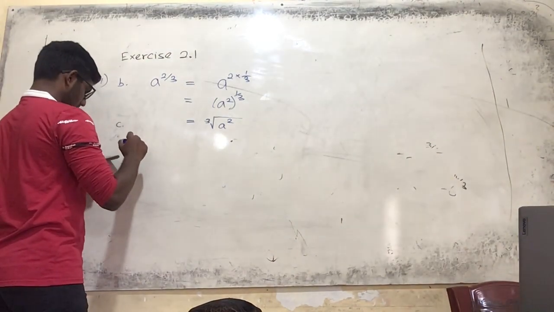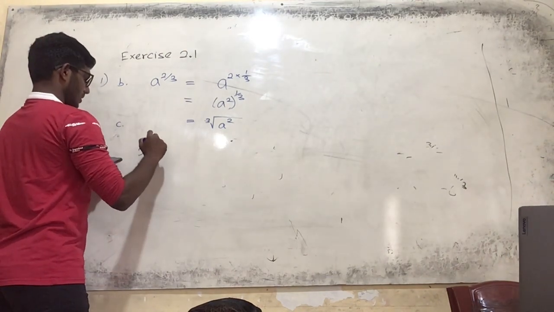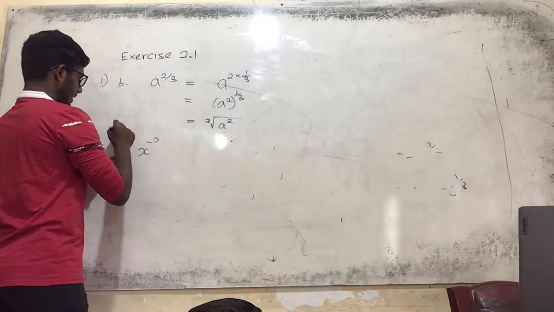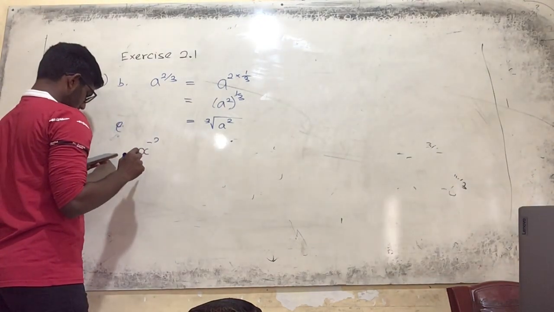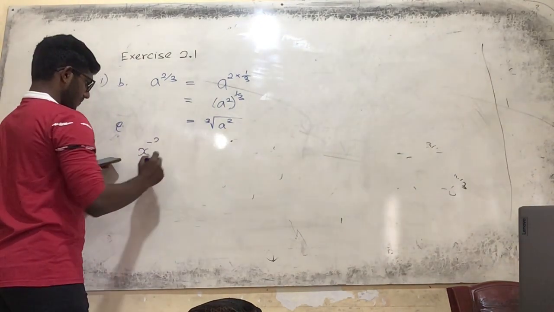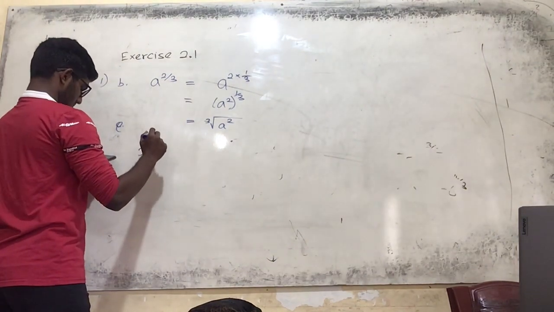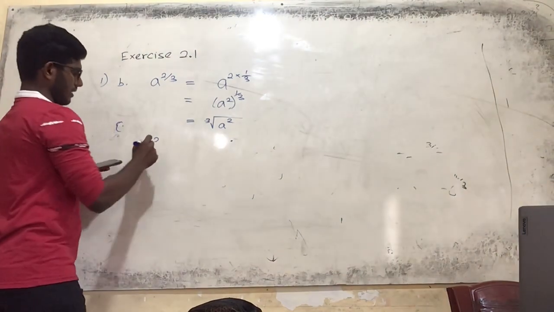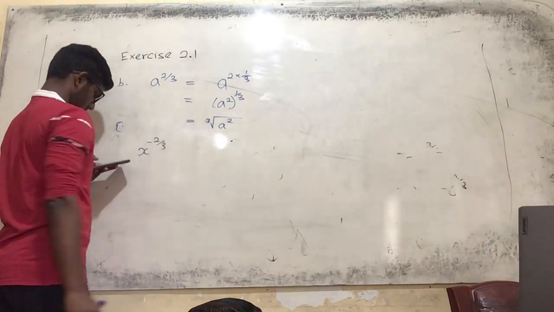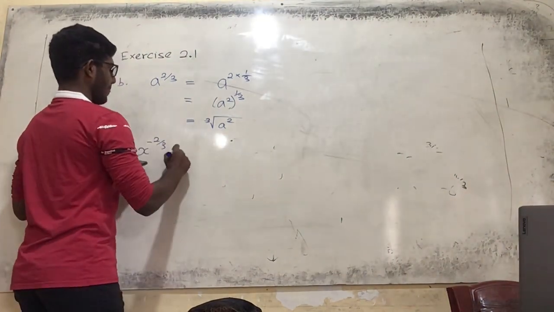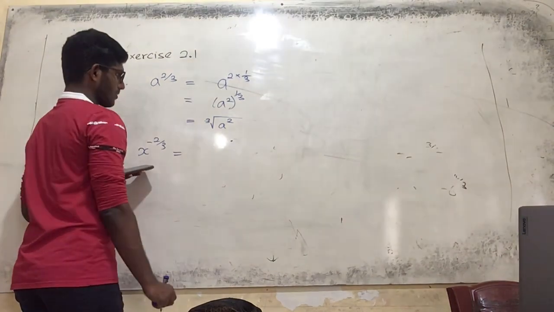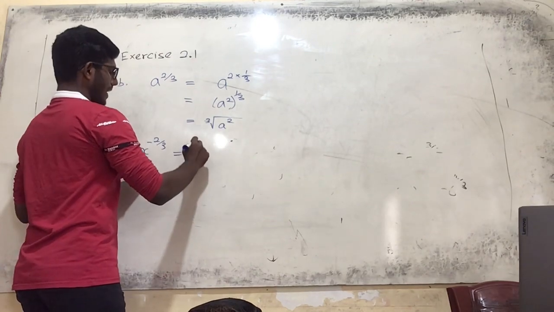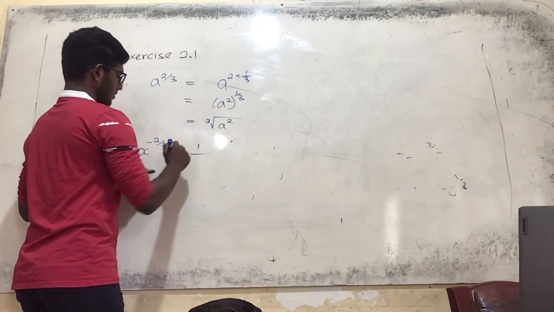And let's take C. Let's take E because C is similar. No, C is better. Now let's take C. Here you can do an additional simplification if you want.